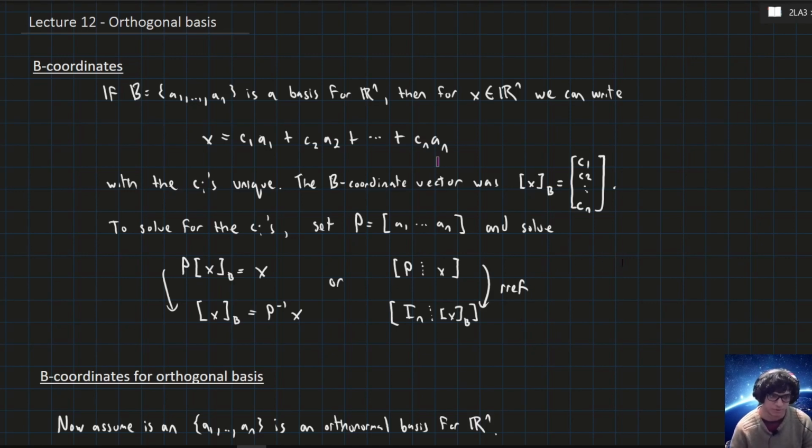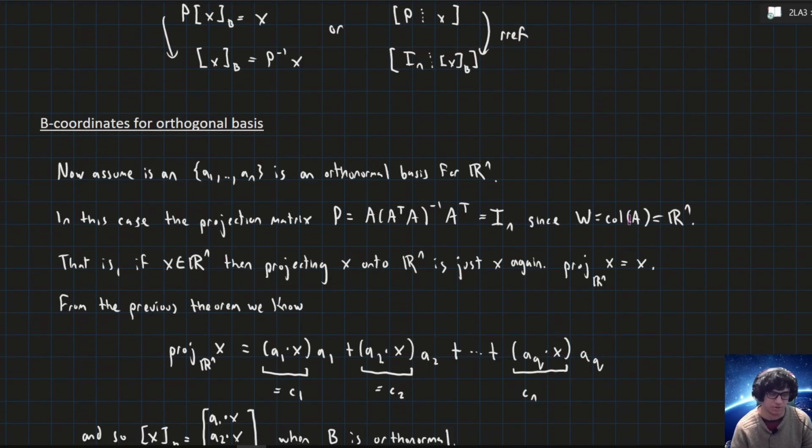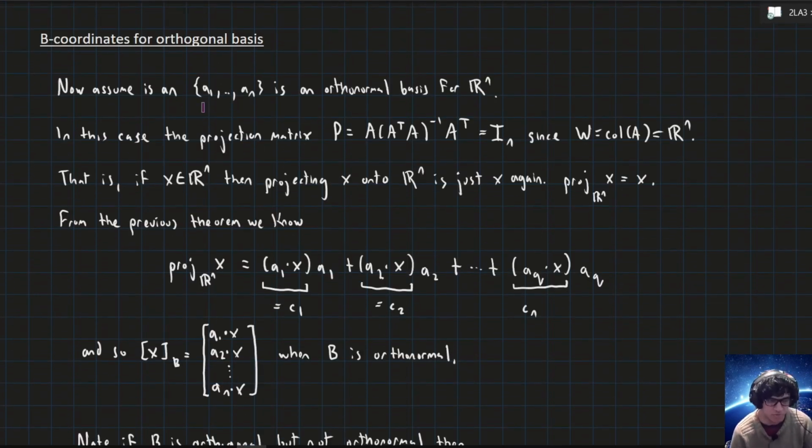So you can probably guess what I'm getting at. Now assume that B is not just a basis, but an orthonormal basis for Rn. In this case, what is the projection matrix? The projection matrix is going to be this: A transpose times A, inverse.